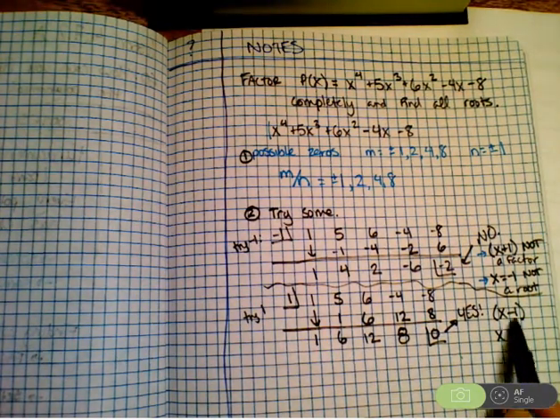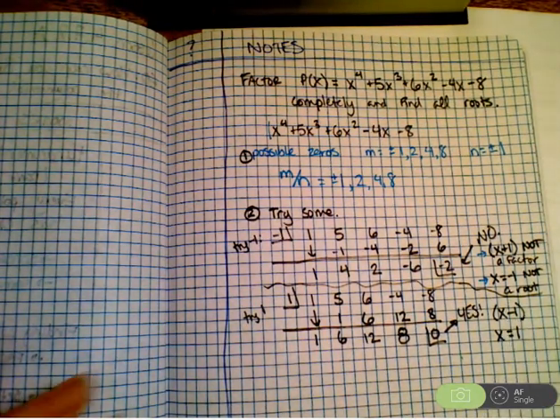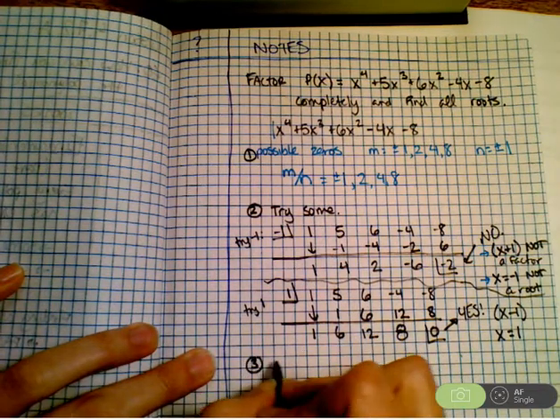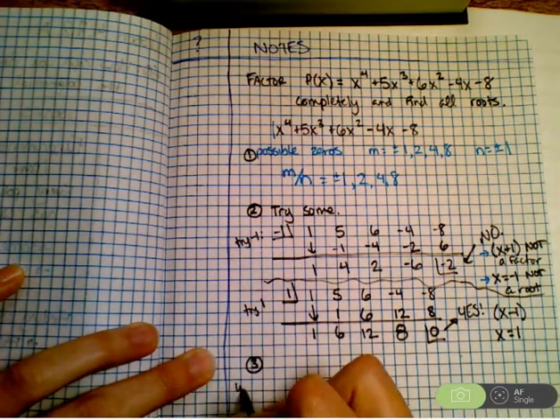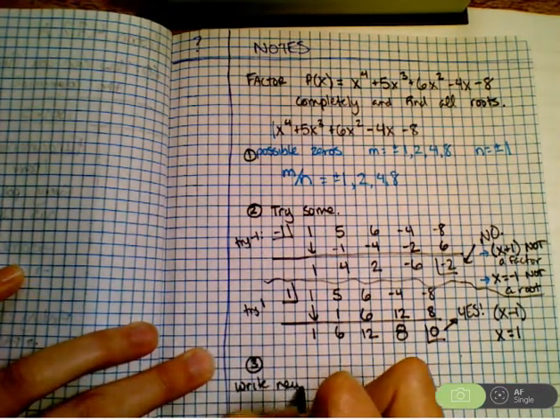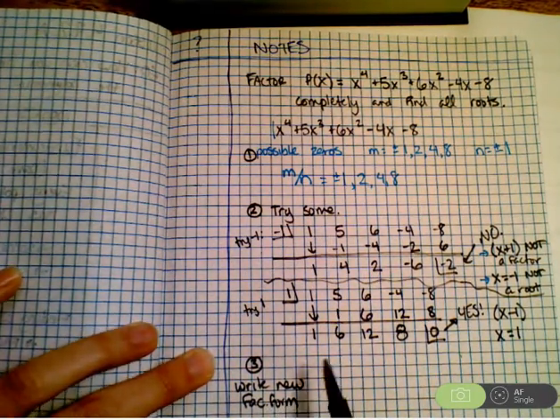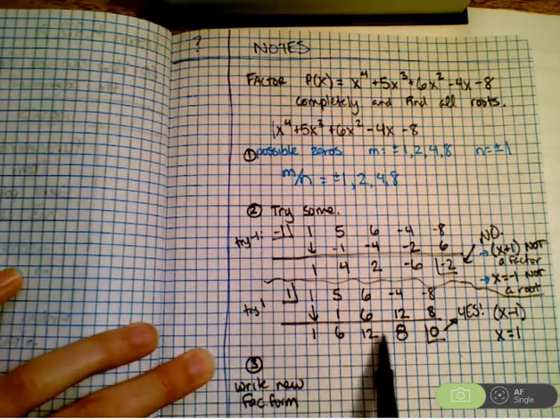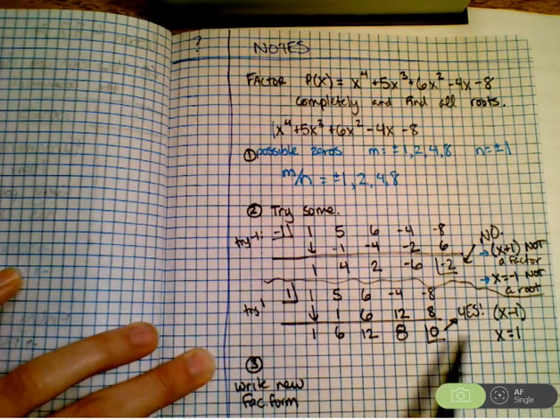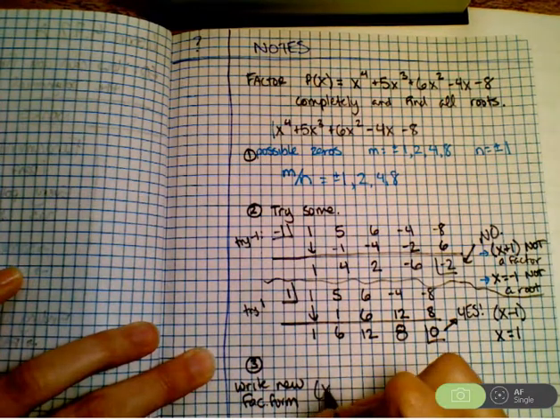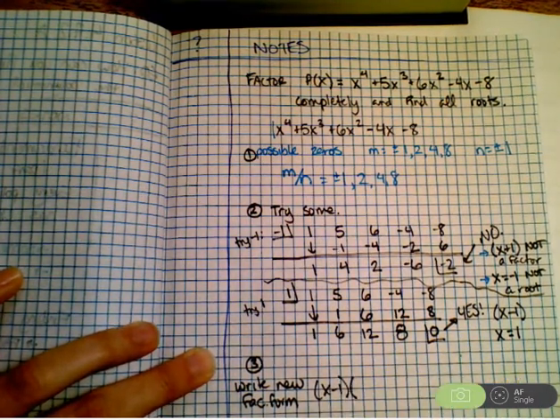So what I want to do is take this factor and rewrite it now. I'm going to write my new factored form, because that simplifies my problem. And I left space over here because remember, these numbers are what go in my factored form. So my first factor is x minus 1. And my next factor is all of these.